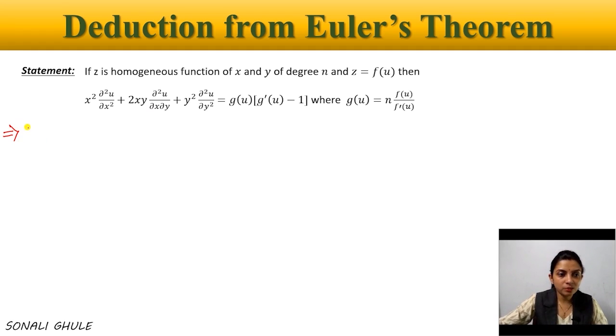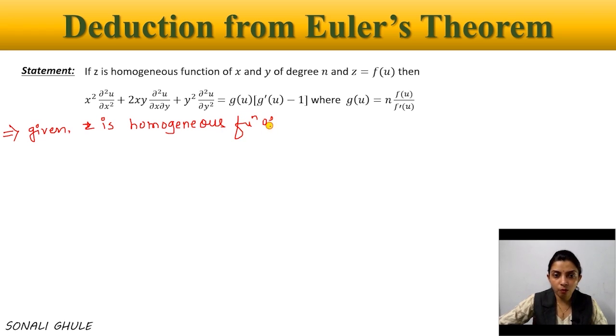So what is given here? Yes, z is a homogeneous function of x and y of degree n. I hope you all understood the first three proofs that I have taken here. Okay.